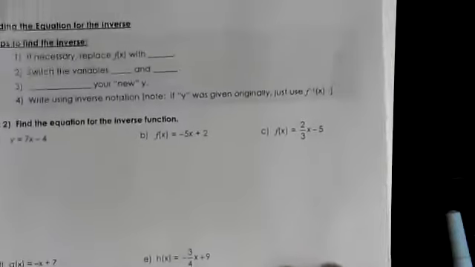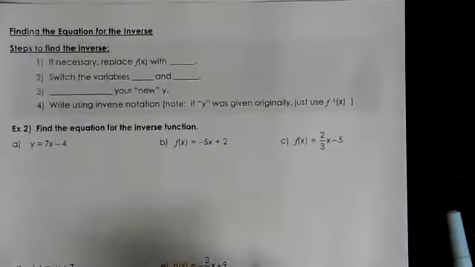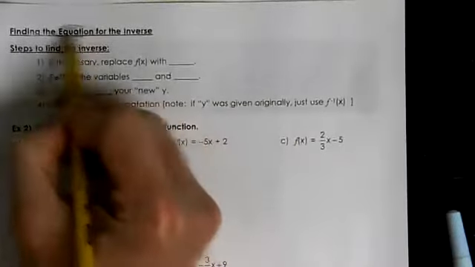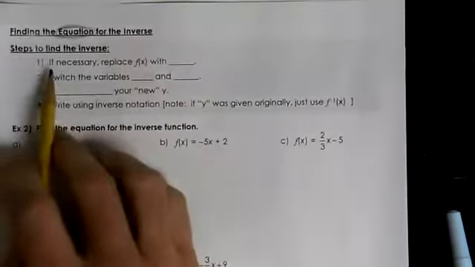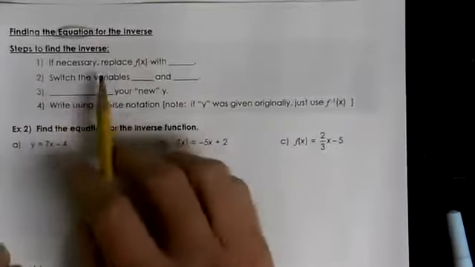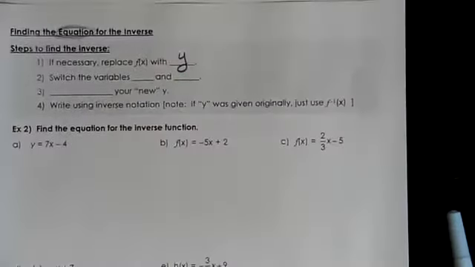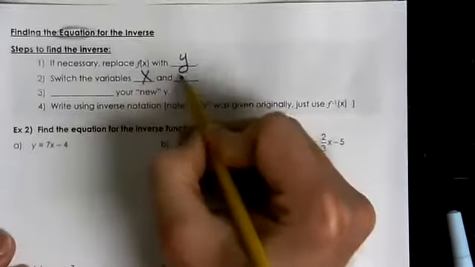All right, so now we're going to talk about finding the equation of the inverse. What we're going to do, if necessary, is replace function notation with a y. Then we're going to switch the variables x and y.